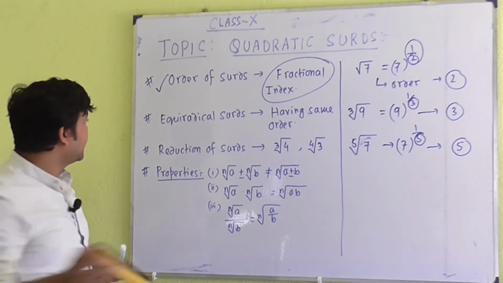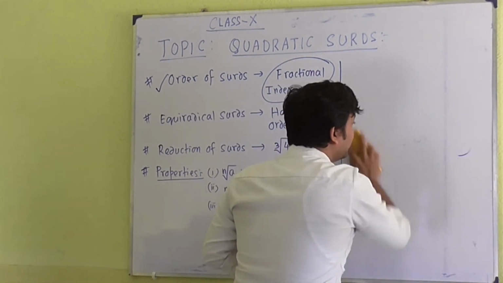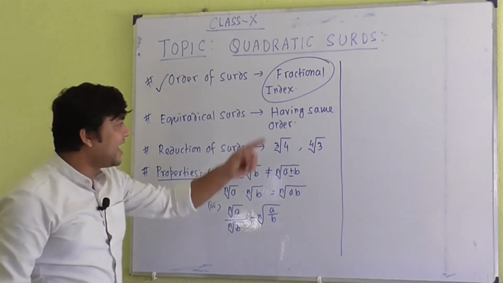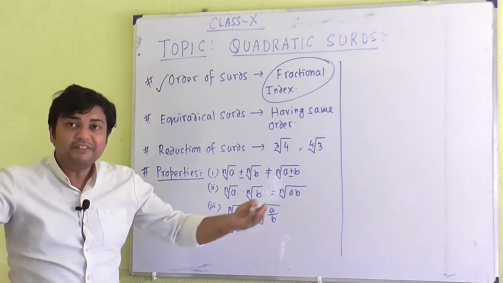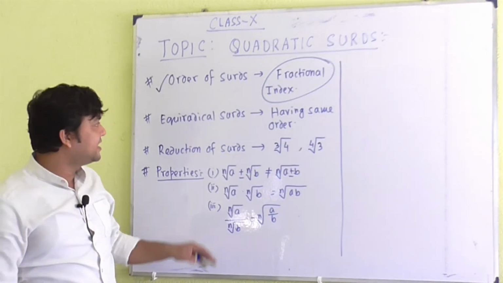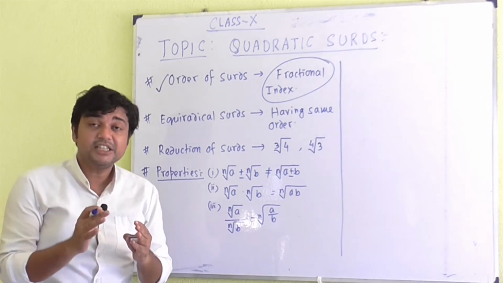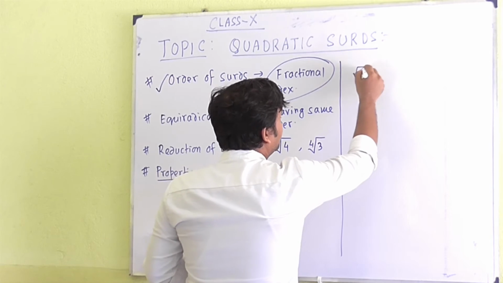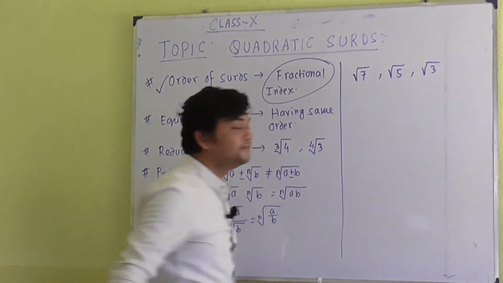Now, we will go for the next part, which is equiradical surd. Equiradical surd means having the same order. Two or more surds may be present, and they will be known as equiradical surds if they have the same order, like root 7, root 5, root 3.